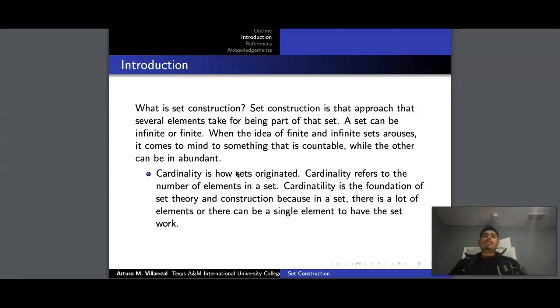In set theory, we don't need sentences to write down sets; they can be symbols to express several elements being part of the set.